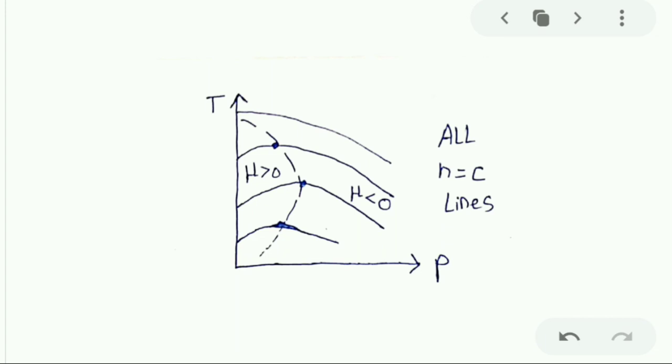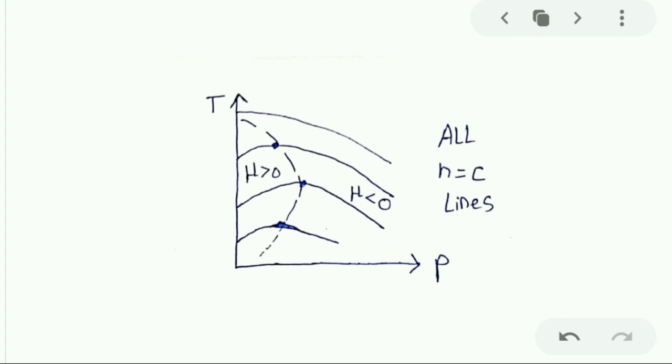Why the word inversion? Can you guess? It is passing through zero slope, a zero slope or a zero Joule Thomson coefficient. So why do we call it inversion? Because standing over this line, if we see on both sides, both have a different pattern.